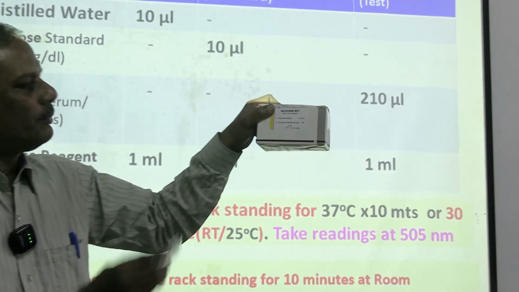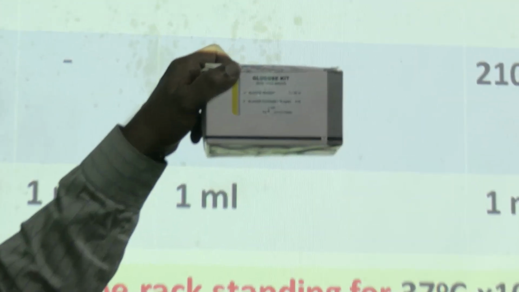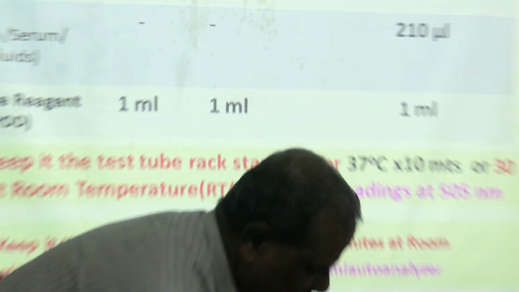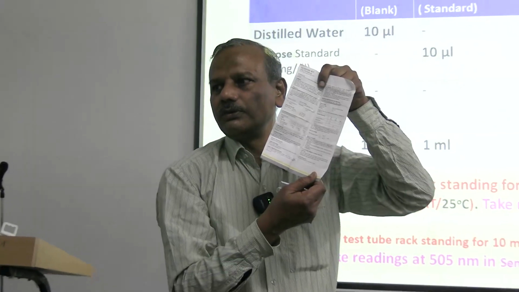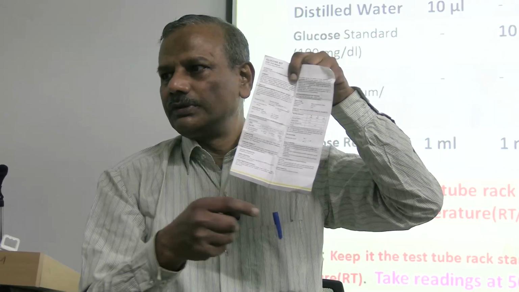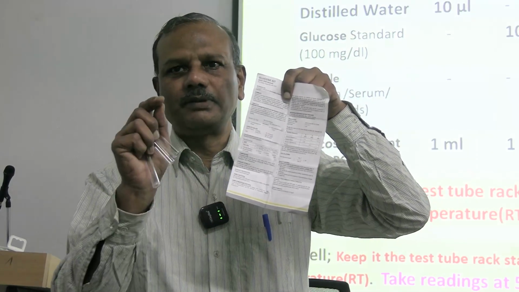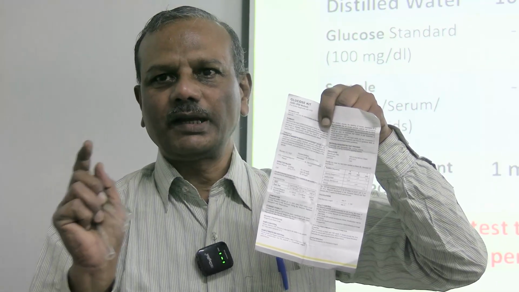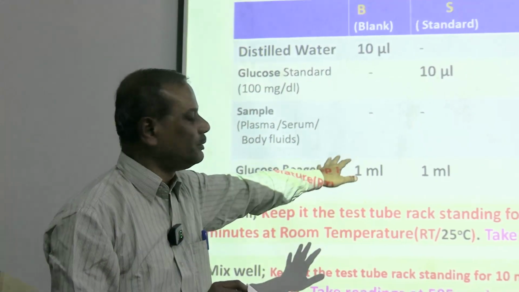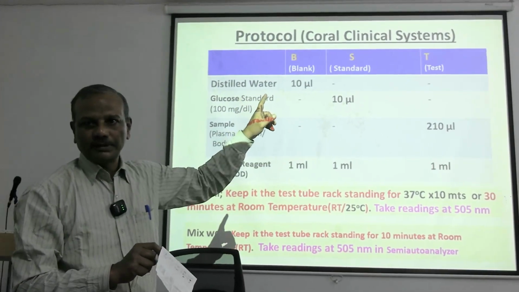So you have to see which company's reagent is there, and there is a package insert just like medicine. You have to read it very thoroughly. What is the procedure? That is written there, and that varies from company to company. Here, since you will be using this one, deliberately I have written this one.